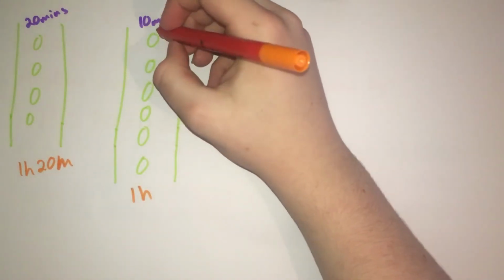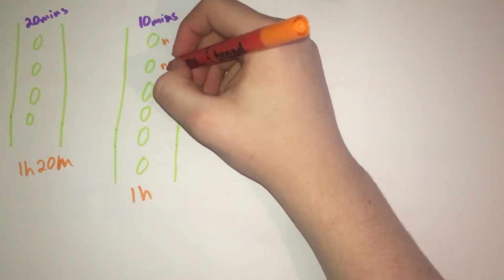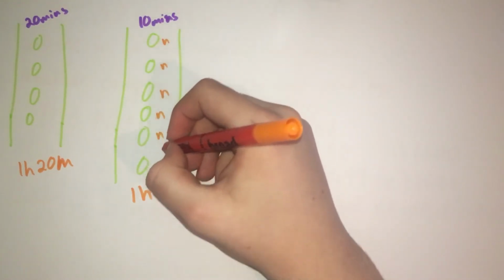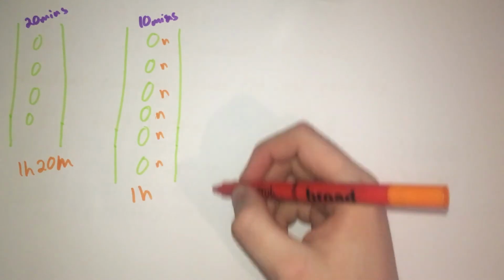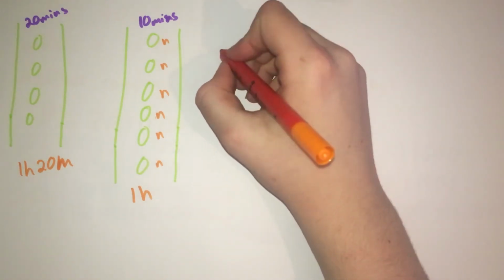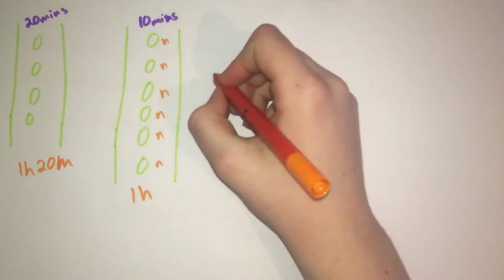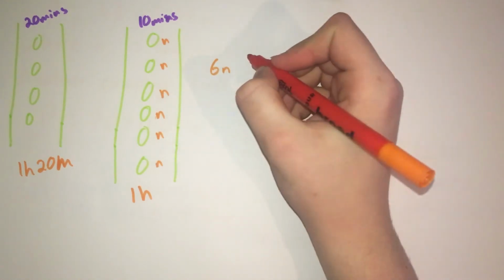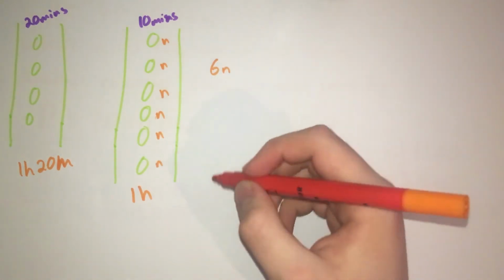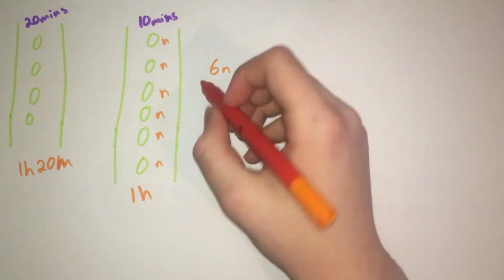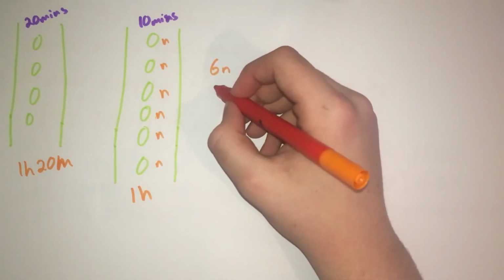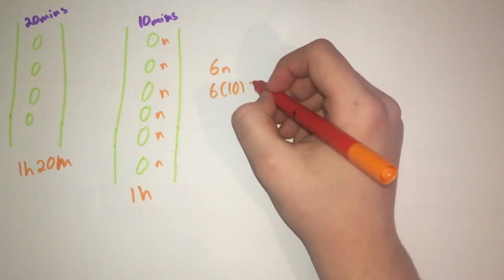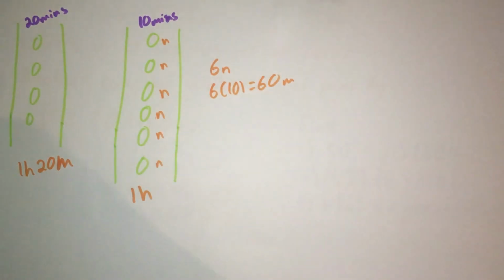So if we label the number of people N, we can now do this. We have 6N in this case, where each person takes 10 minutes, so 60 minutes.